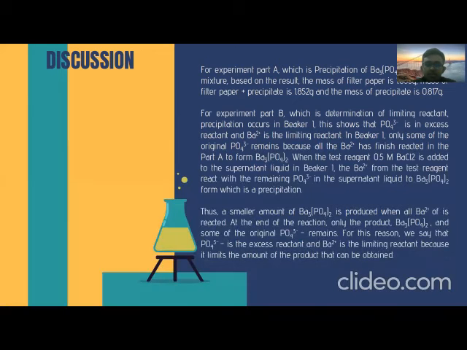Thus, a smaller amount of barium phosphate is produced when barium is reacted. At the end of the reaction, only the product barium phosphate and some of the original phosphate remains. For this reason, we say that phosphate is the excess reactant and barium is the limiting reactant because it limits the amount of product that can be obtained.